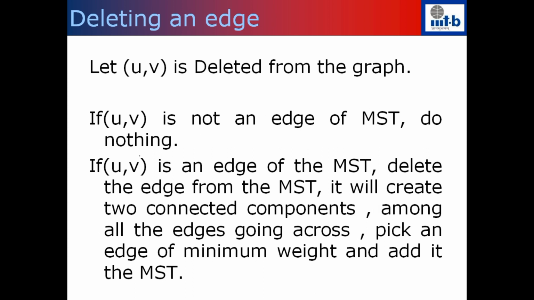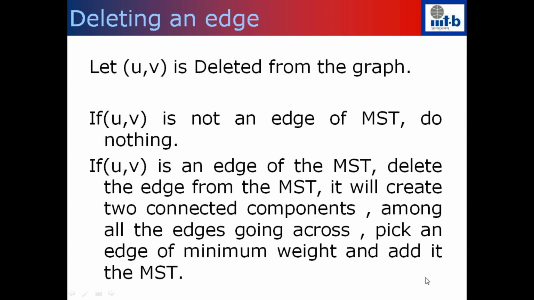Let's quickly go through the pseudocode for implementing this algorithm. Just to summarize, when you delete an edge, u comma v was part of the MST, you have deleted this edge, and so you have two connected components in the MST. So what we do is that we apply BFS from u.